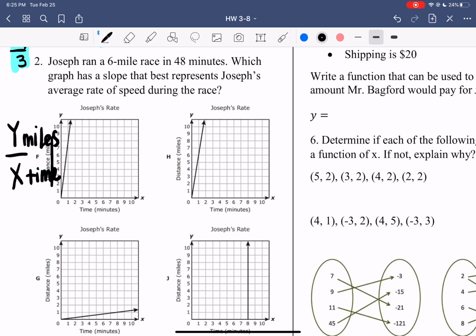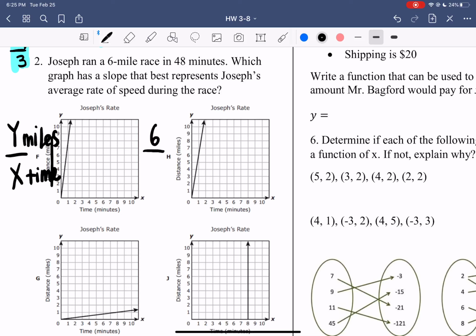If we fill that in, we have 6 miles in 48 minutes. If we simplify this, dividing 6 by 6 we get 1, and dividing 48 by 6 we get 8. So our simplified slope has a rise of 1 and a run of 8.